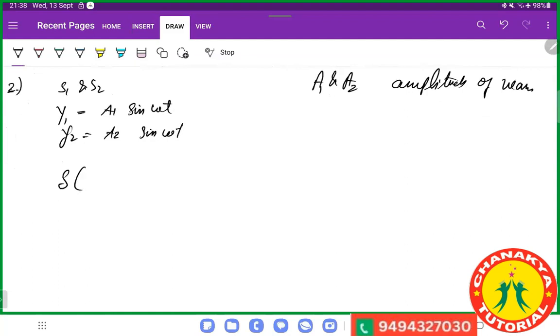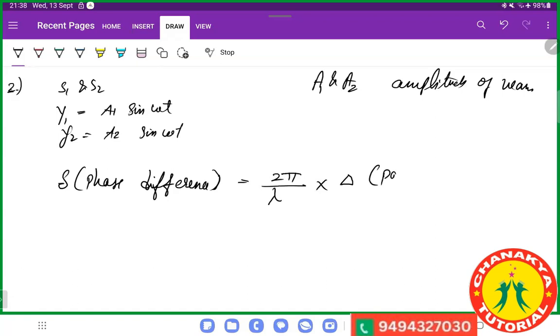So delta, the phase difference, equals 2 pi by lambda into del, that is the path difference.